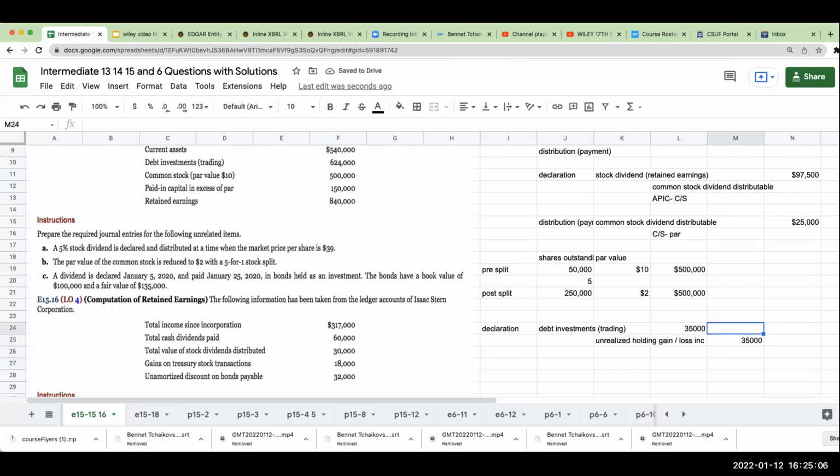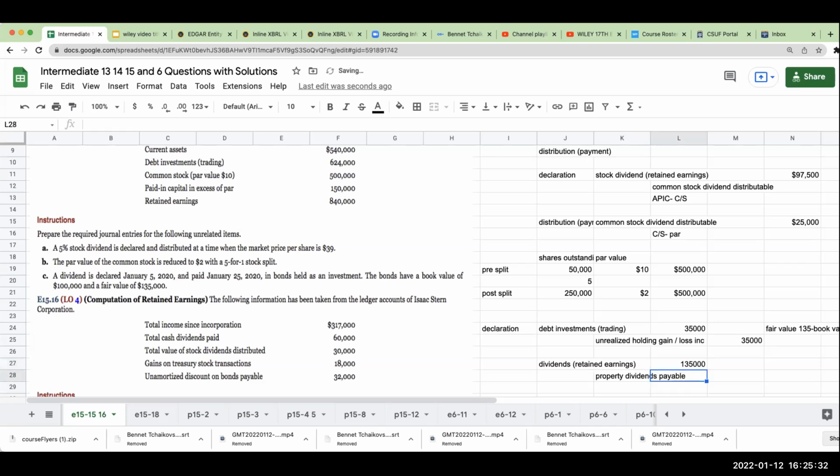And why are we doing this? Because we have to recognize the difference between the fair value of 135 minus the book value of 100. Once we've done this, then we're going to debit dividends or retained earnings, which will eventually get closed out, and then we're going to put over here property dividends payable.